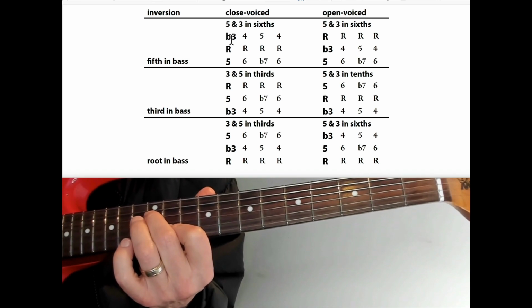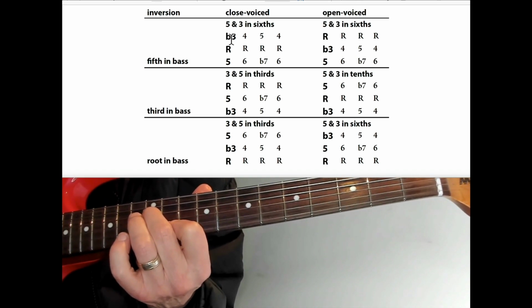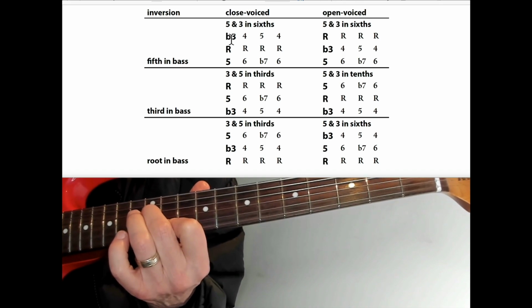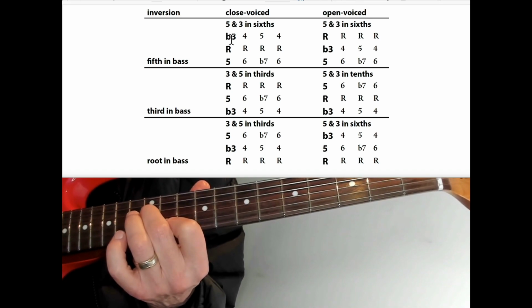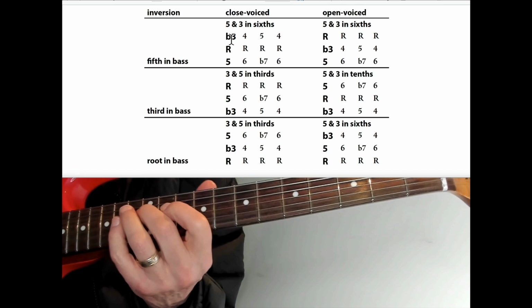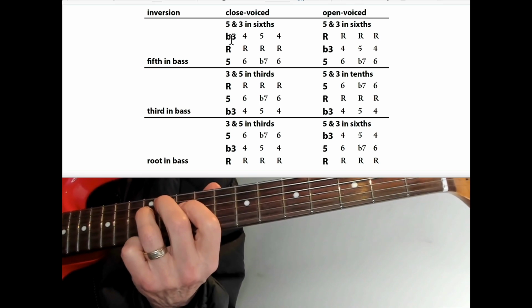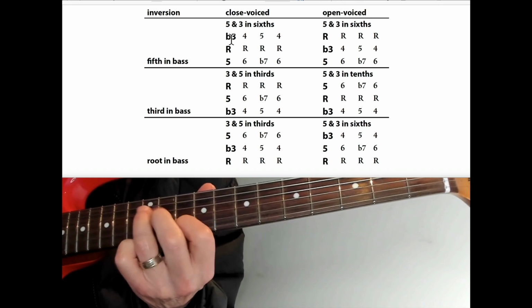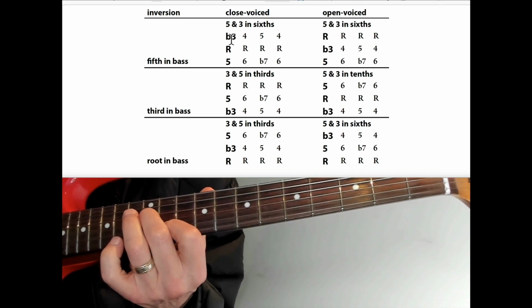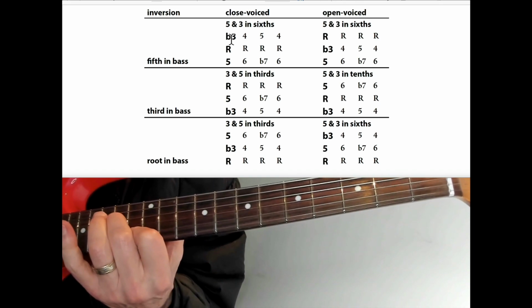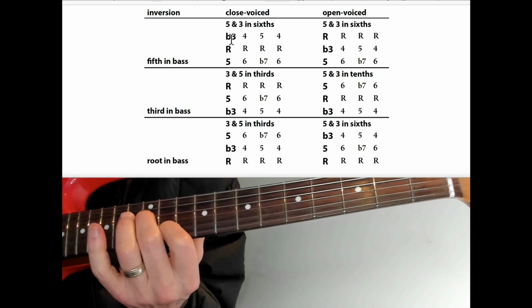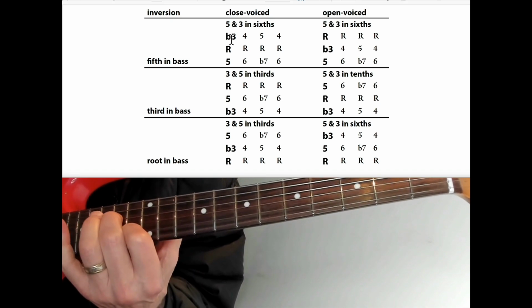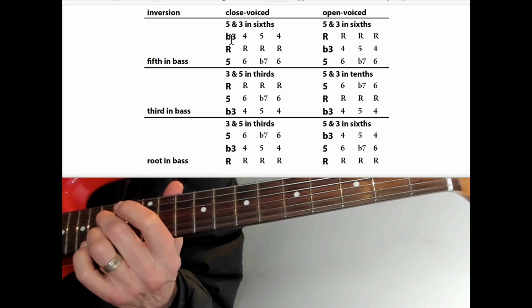So this time the fifth in the bass and the flat third on the top are moving in sixths. In a scale, these are 1, 2, 3, 4, 5, 6 notes apart inclusively, called a sixth. So they're moving in a minor sixth to a minor sixth, then a major sixth.